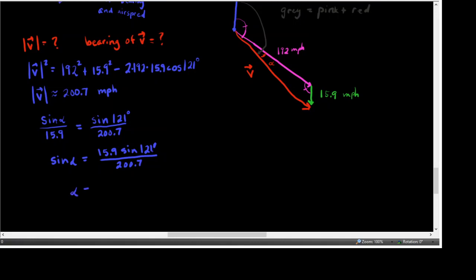And so alpha will be sine inverse of that mess. Which ends up being about 3.89 degrees.